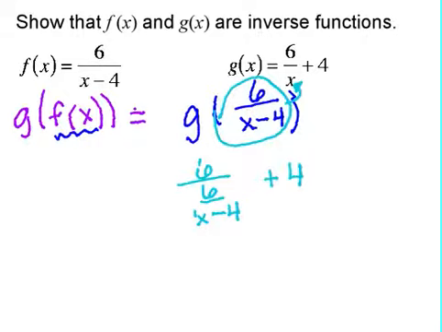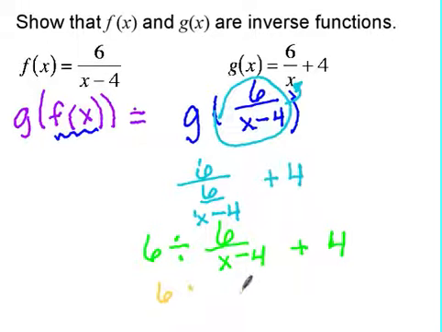And like I said, things get messy, but you saw in the previous one that they kind of clean up really well. So I'm going to write this as 6 divided by 6 over x minus 4, and then plus 4. Okay. So on that previous slide, how did we do that? 6 times... So then notice what ends up happening.